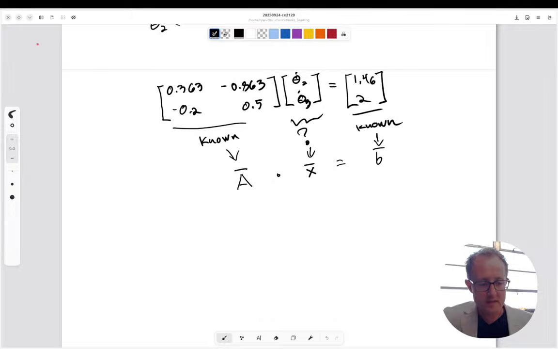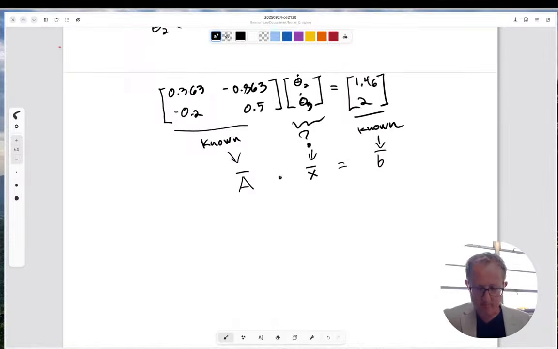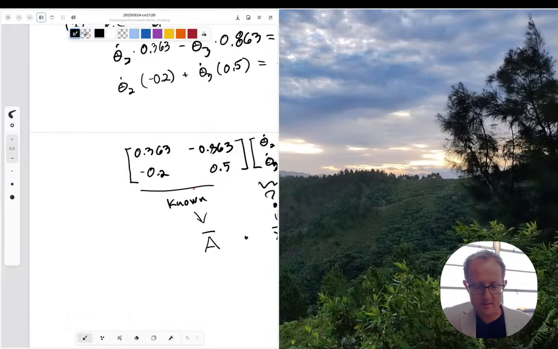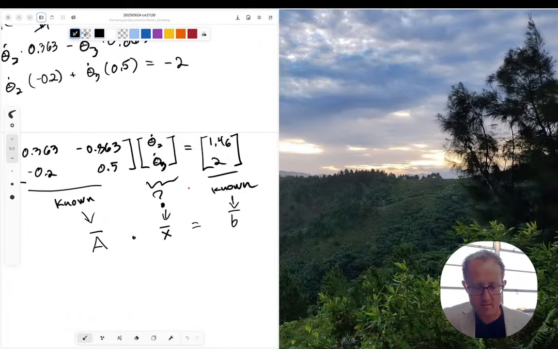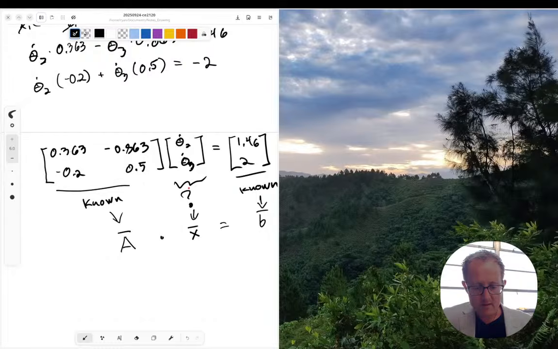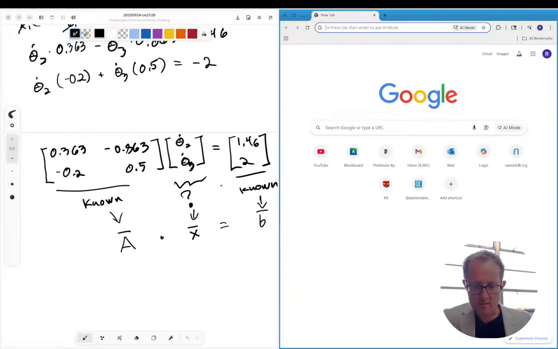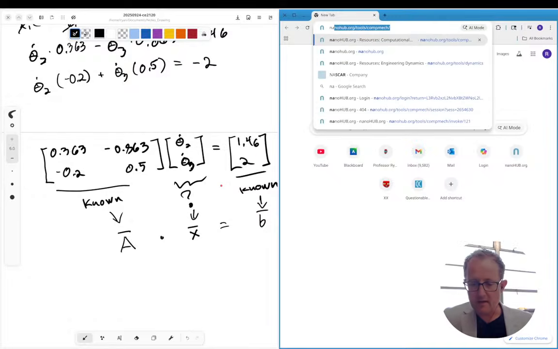So we'll take this, push it over to the side, and I'm trying to zoom out. Well, this is okay. Take that, go over to NanoHub.